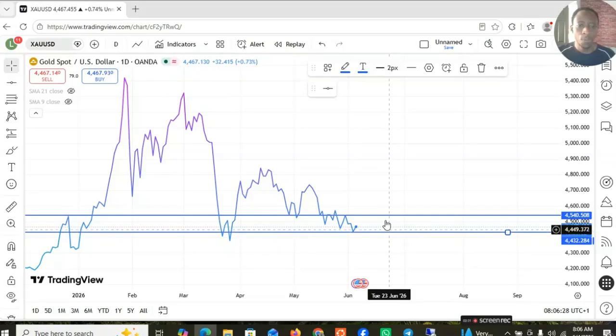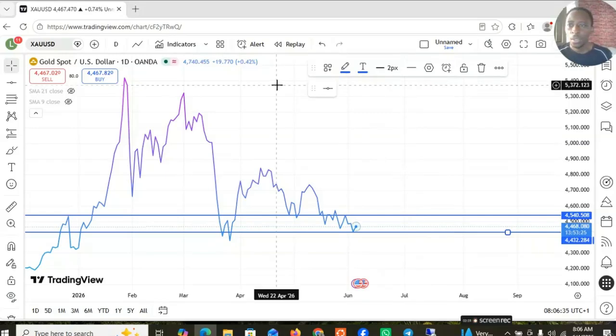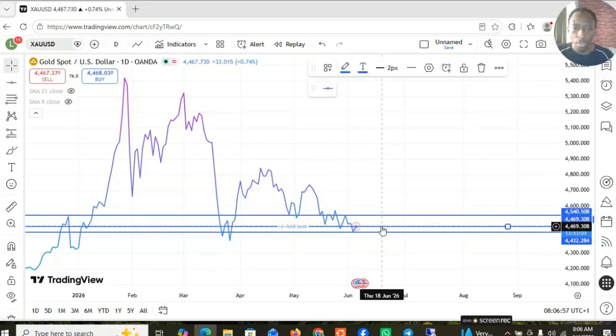After this, we get a very important key level on the daily. This is very important because it will help us during entry and exit. So this is a key level.